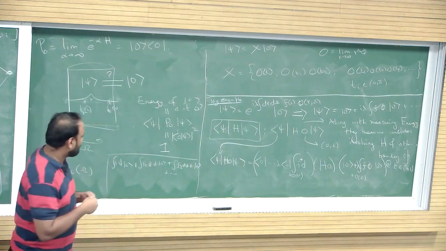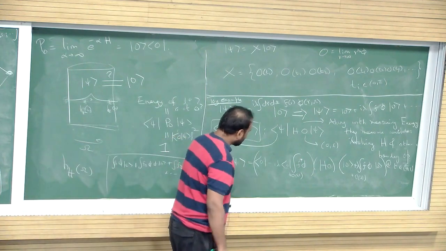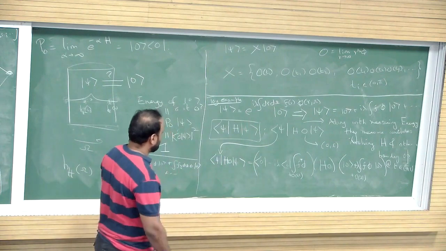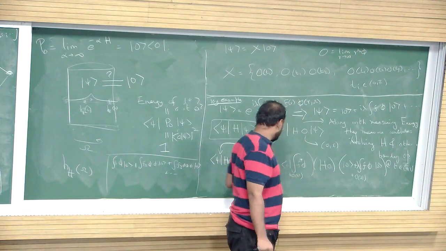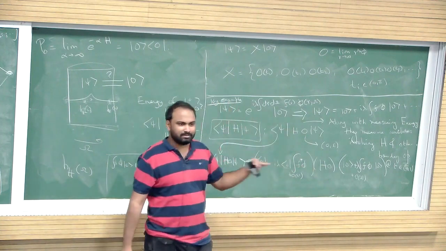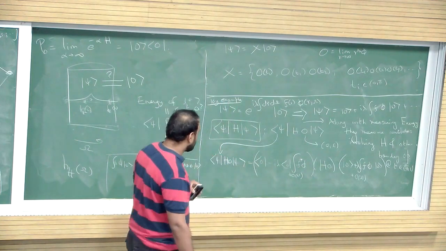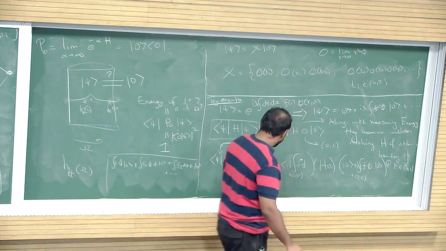Okay, so just for this example, what do we have? We have some terms where the H acts on the vacuum state. We just assume that H acting on vacuum is renormalized to 0, so these terms would go away.